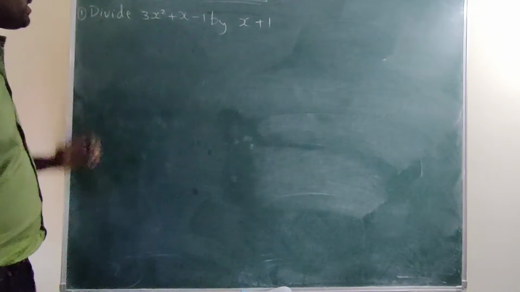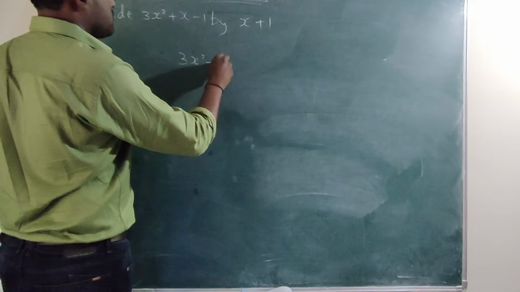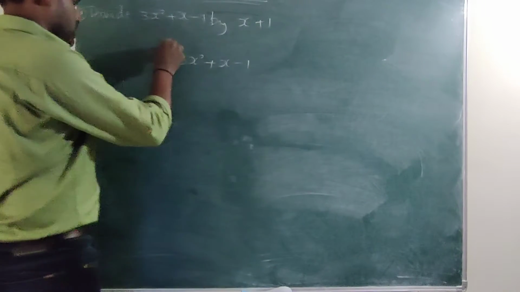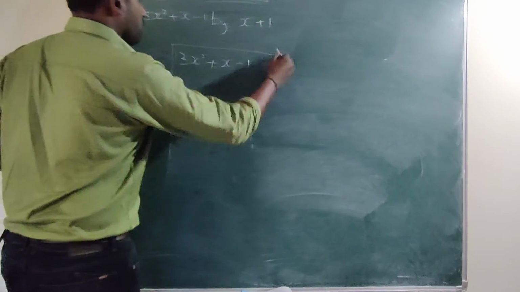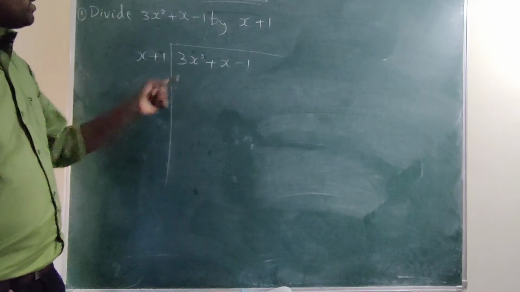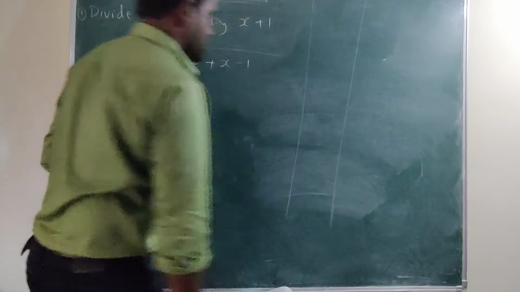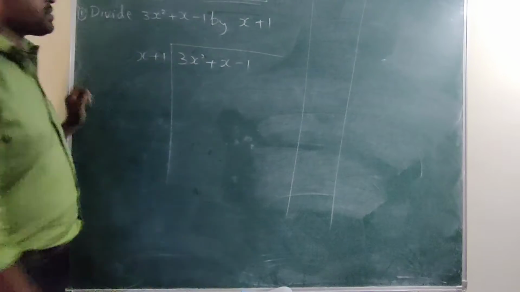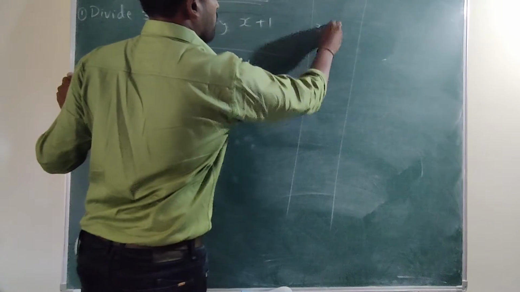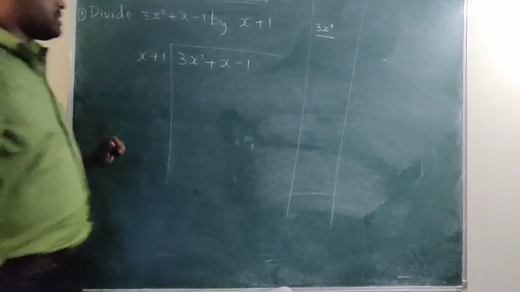We have to divide. How can we divide polynomials? The dividend is 3x square plus x minus 1, and the divisor is x plus 1. Here we have to consider the first term, students. The first term is 3x square, and the divisor's first term is x.